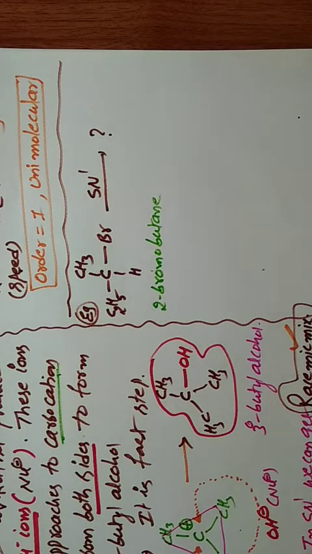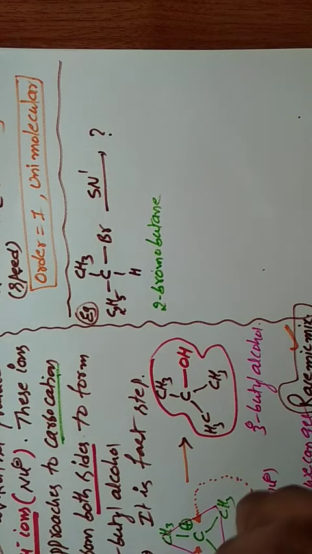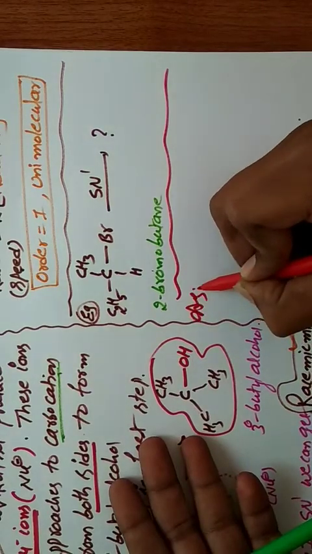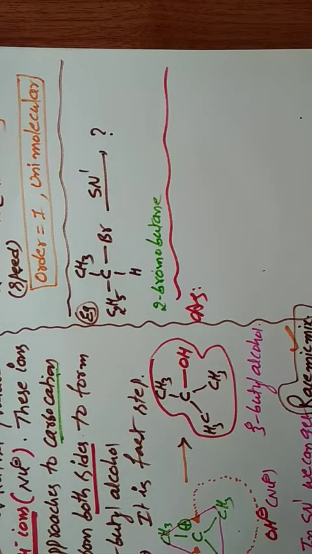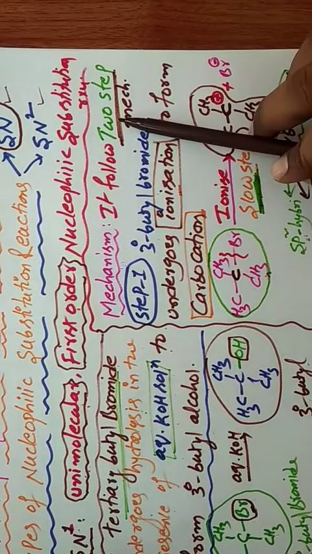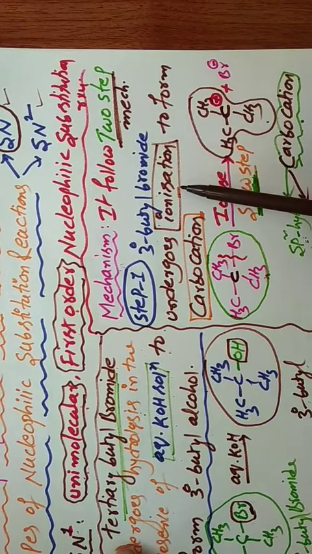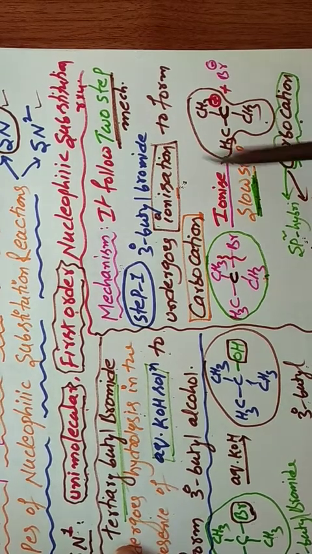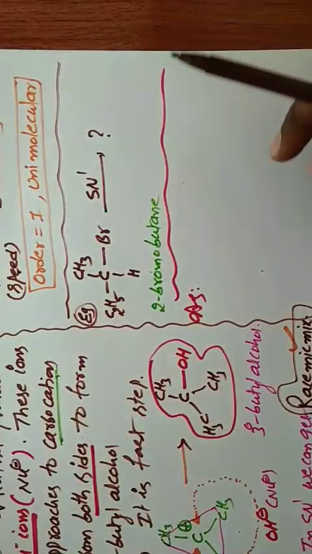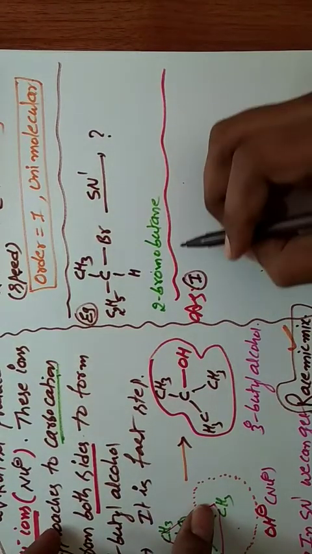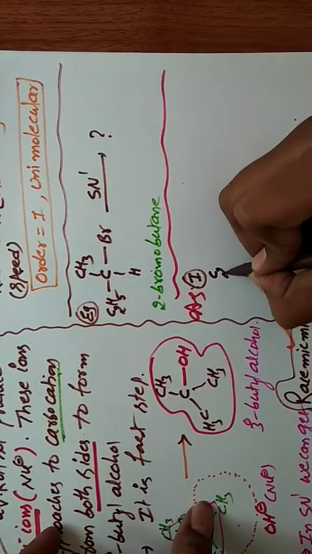According to the mechanism, what is the first step? The mechanism follows 2 steps. In the first step, it is involved in ionization. Ionization means just break the bond between carbon and bromine, and we get a carbocation. Yes or no? So in step 1, C2H5, bond C, bond CH3, bond H, bond Br is involved in ionization.